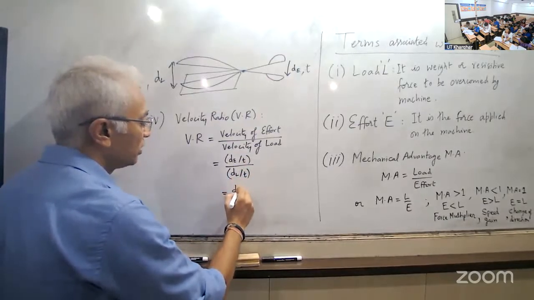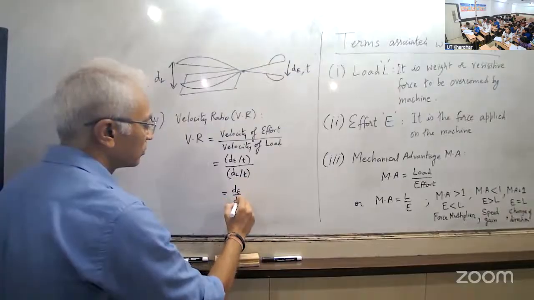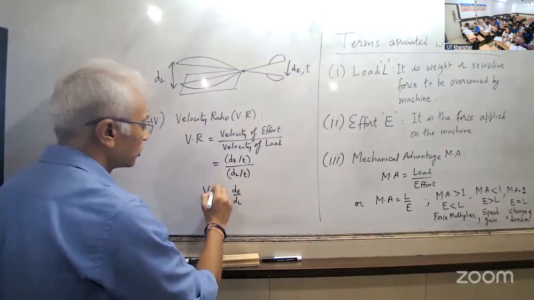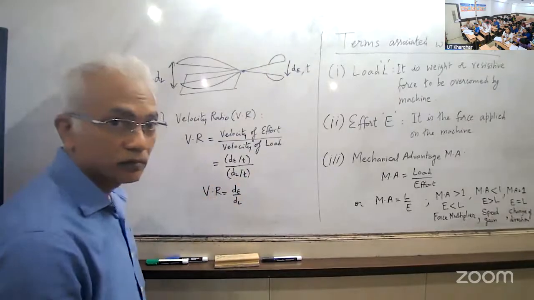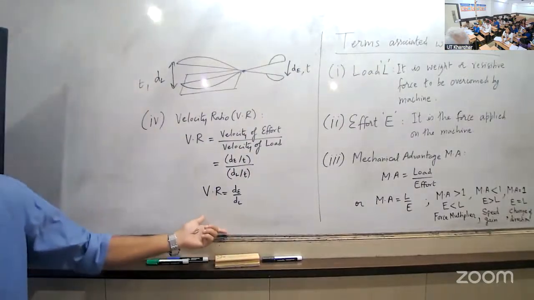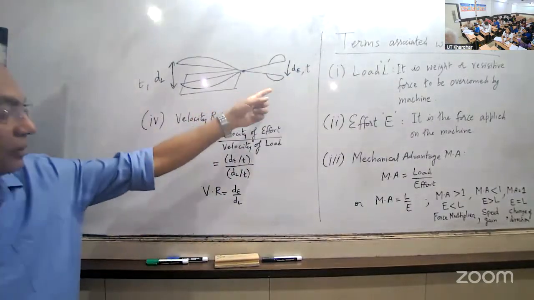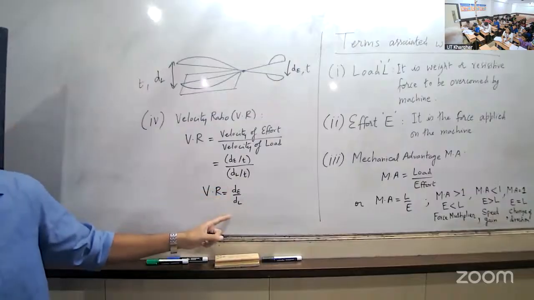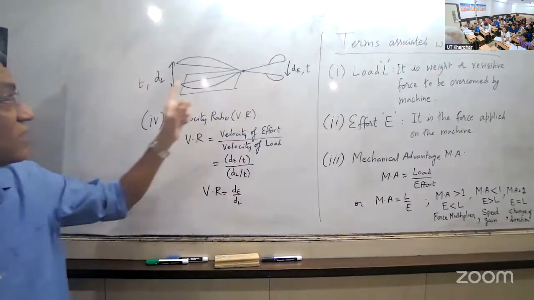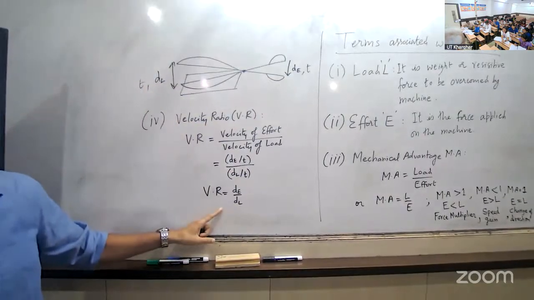What you get is de by dl. So this is velocity ratio, right? So for speed gain, de is less than dl. When de is less than dl, that is when you get speed gain.